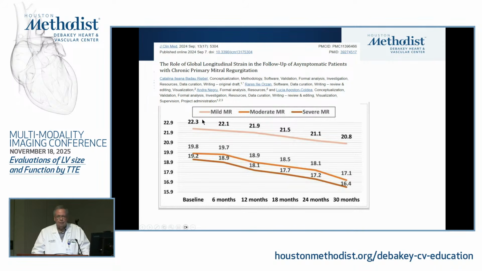Still staying in a relatively normal range. Patients with moderate MR start at almost 20, but end up at 17 in 30 months. And severe MR, a course almost similar, but even worse. So this is the first paper to do a time course of GLS in MR based on severity.